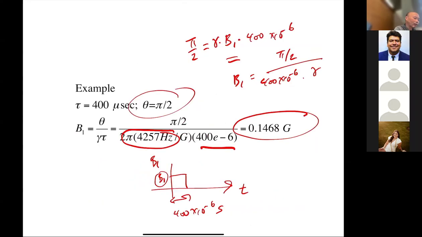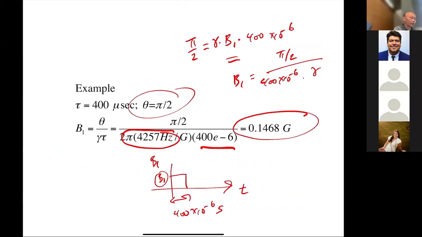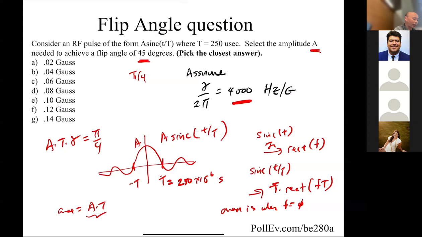Because remember, the flip angle is equal to gamma times the integral of B1. So this is that integral of B1. I forget what the answer is for this.